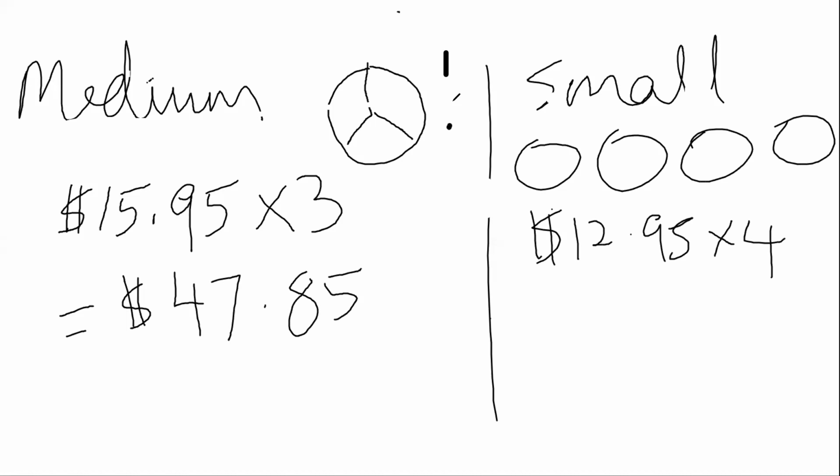I thought it was 3. The medium pizza is cut into 3 equal parts, and each part is sold for $15.95. The question says whether it's better to buy 1 medium pizza or 4 small pizzas. So we just found the cost of 1 medium pizza.